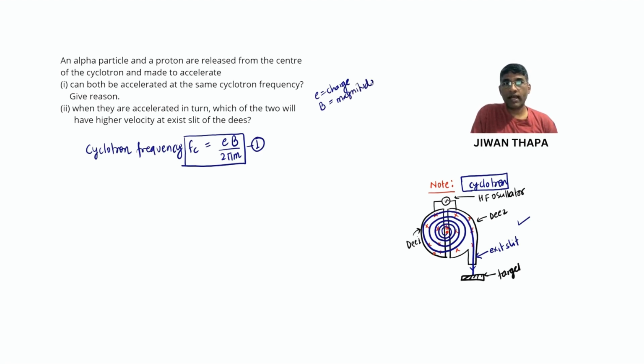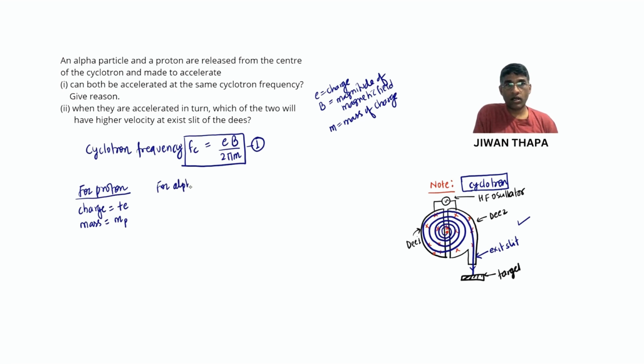of the magnetic field, and m represents the mass of the charge. Now we have an alpha particle and a proton. For the proton, charge equals plus e, since the proton is positively charged, and let us denote the mass of the proton by the symbol mp.